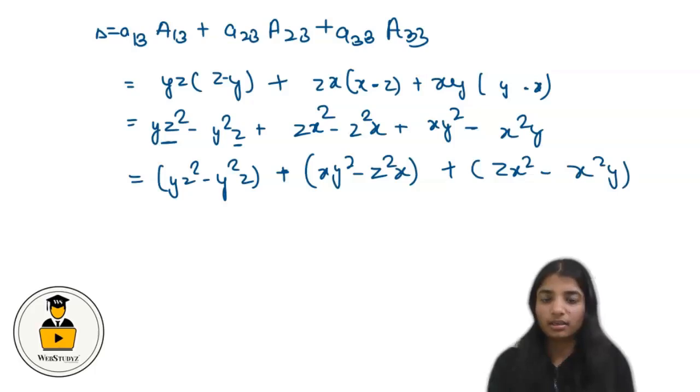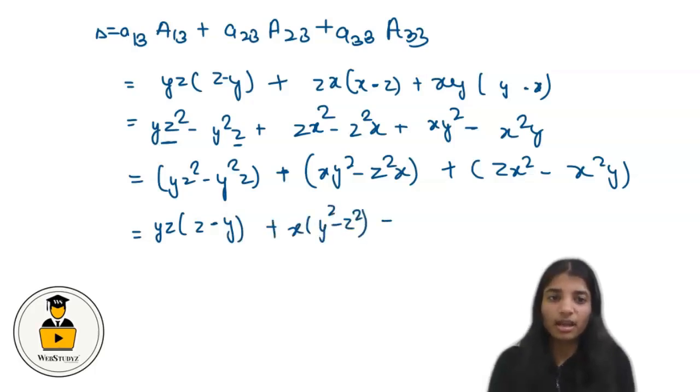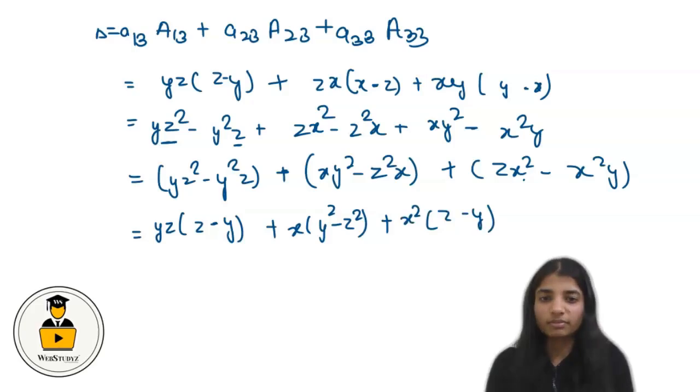Taking yz common from the first terms, this becomes z minus y. Taking x common from the next terms, this becomes y square minus z square. And taking x square common from the last terms, this becomes z minus y.